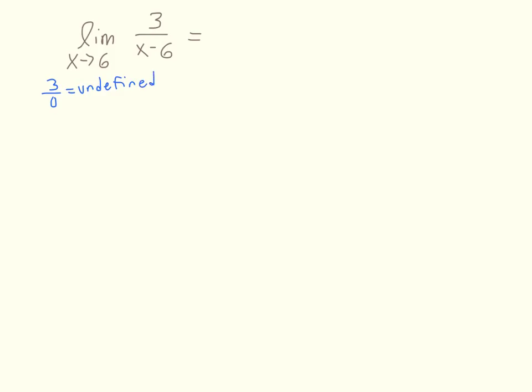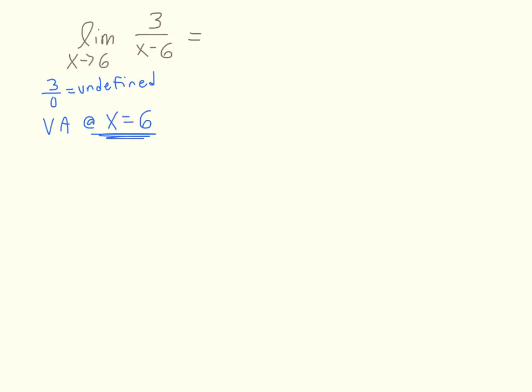Now, what's happening here is when you see this situation, we really have a vertical asymptote at x equals 6. We know that if we were to set that denominator equal to 0 and solve, we would get x equals 6. It's not a hole because there's no common factor. So we definitely have a VA at x equals 6.